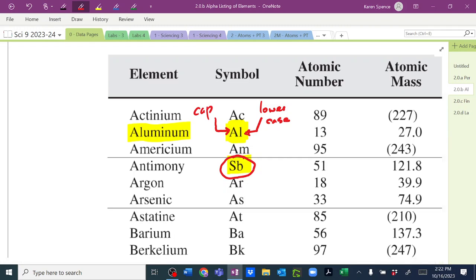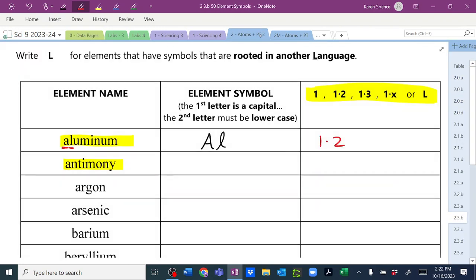When you see something that is that far separated from the actual name, you know it came from another language. So back on our worksheet, you can say antimony is Sb, and it came from another language, and you can just write L for different language.